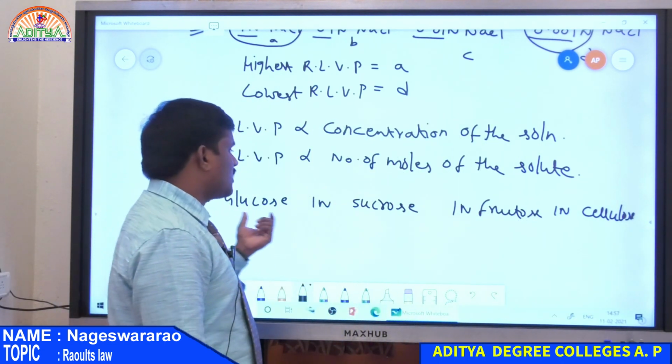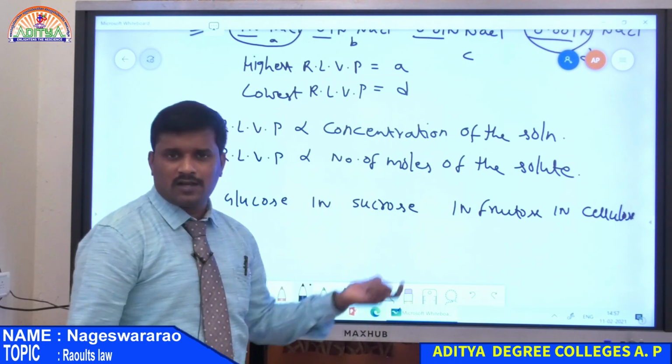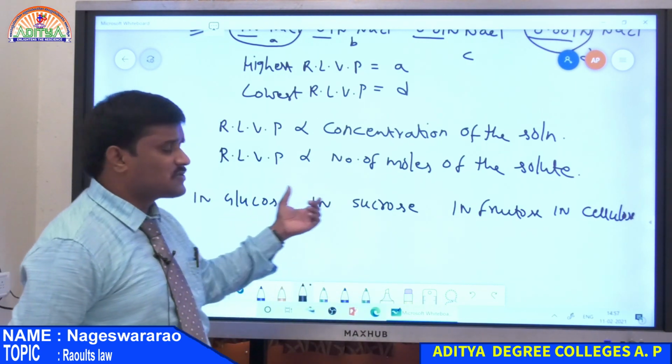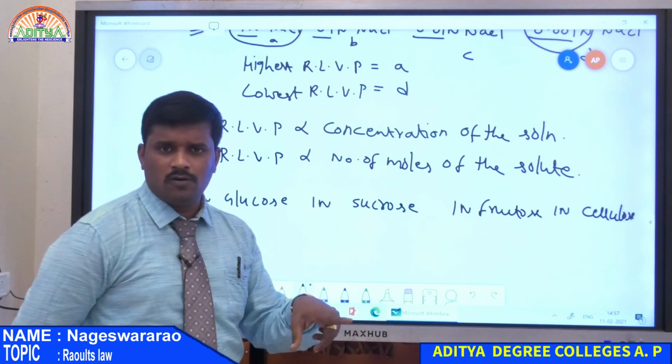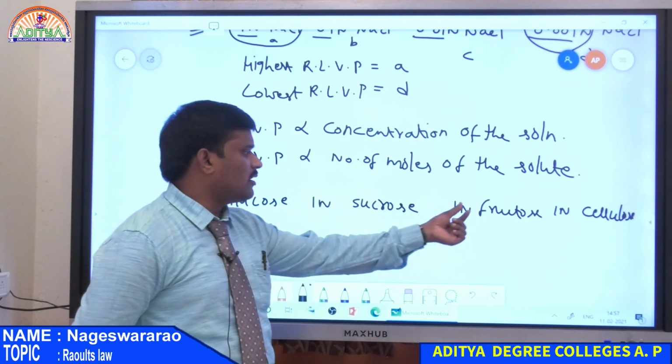Here all are carbohydrates, all are unimolecular, so none dissociates into ions, and therefore all have only 1 mole. So it is 1 mole, 1 mole, 1 mole, 1 mole.